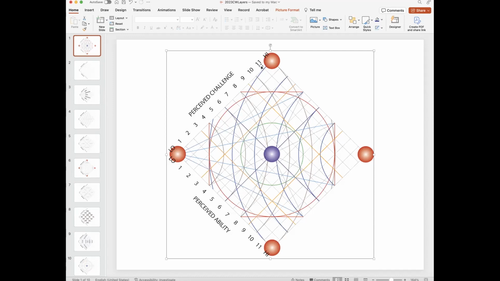But if they say, well, my ability is 0 and the challenge is an 11, really, your ability is 0 to get the report ready? How about you don't feel like you got much ability, but could you give yourself at least a 1? And we know the challenge isn't a 12, it's an 11. Okay, this position on the change grid is still a horrible place to be, which is why we don't argue with a client who's giving us the emotional responses.